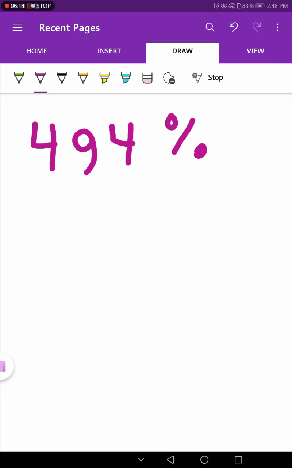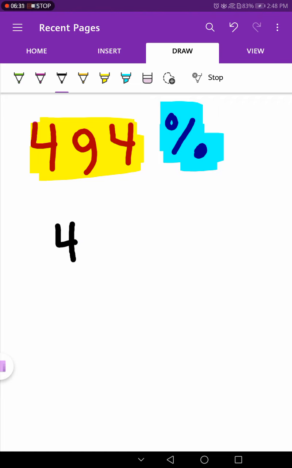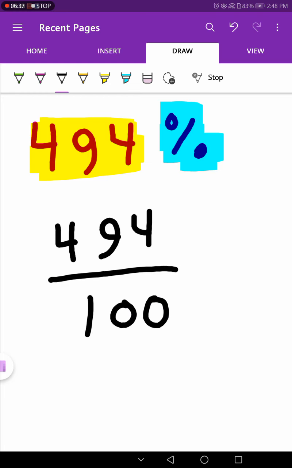Let us take another example, 494%. Again, every time this number is over 100, because we have the percent. The percent means this number is over 100. So write it 494 over 100. The student here may be confused about how to deal with this. It is easy, my boy. Count how many zeros you have. We have 2 zeros. That means you have to create a decimal point here in your head.